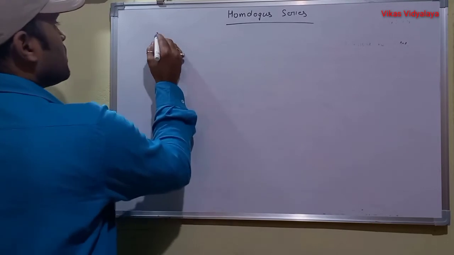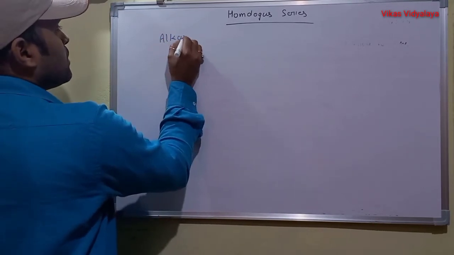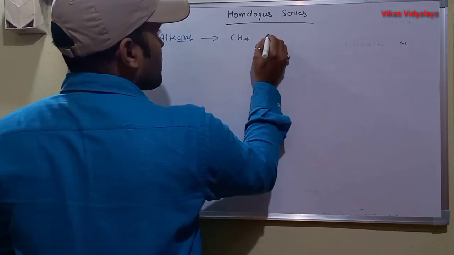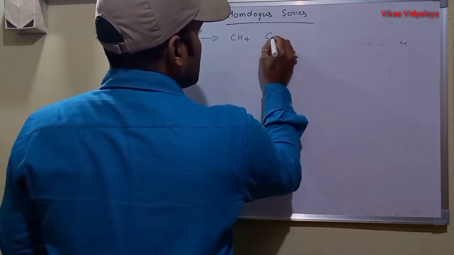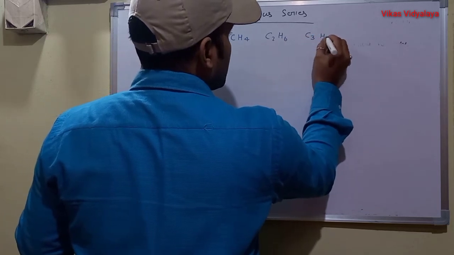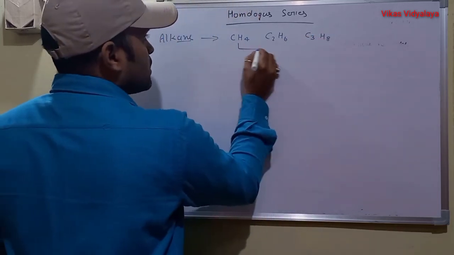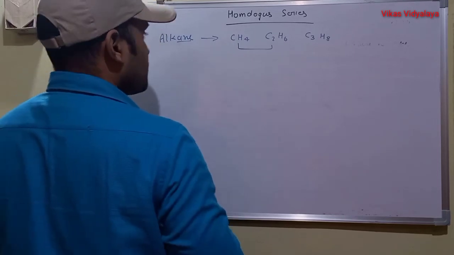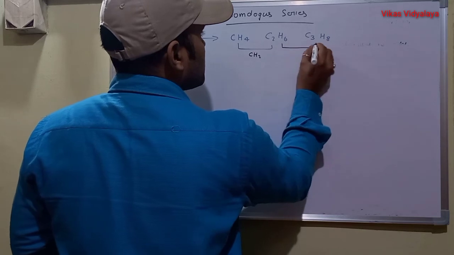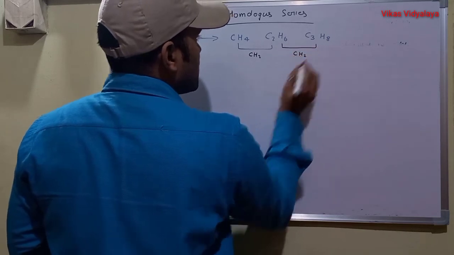Take an example, alkane: CH4, C2H6, C3H8. Here the difference is CH2.